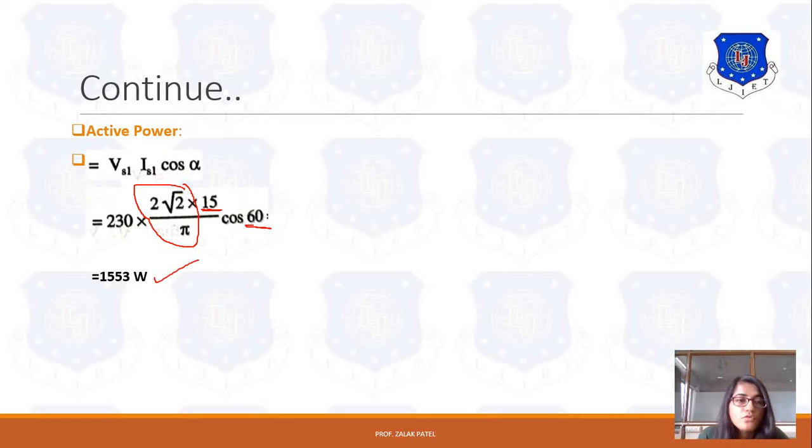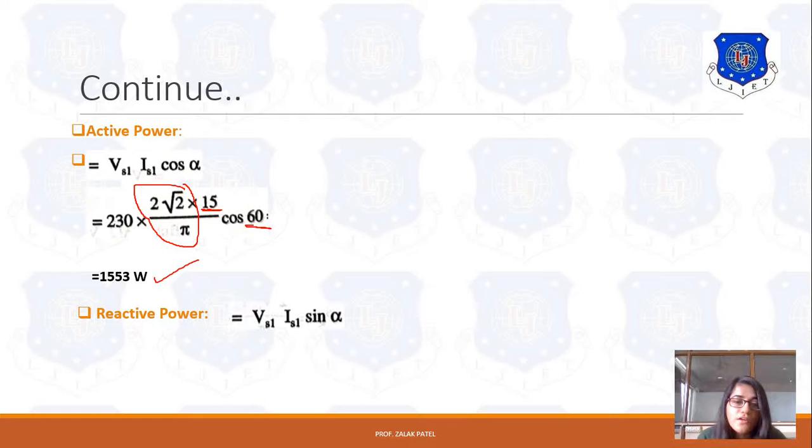Now let's find another quantity, that is reactive power. The equation is almost the same, but instead of the cosine we use the sine. So it is Vs1 into Is1 into sine alpha.